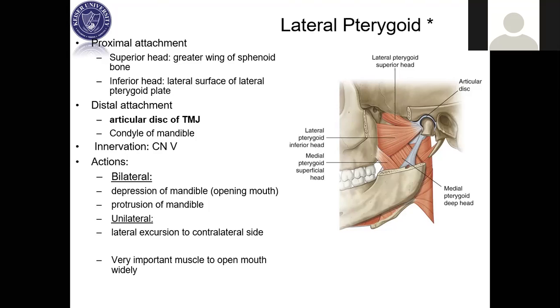So the lateral pterygoid opens the mouth in comparison to those other three. But more importantly, the lateral pterygoid inserts onto the articular disc, and that articular disc is the structure that moves and allows the temporomandibular joint to move in a free way.